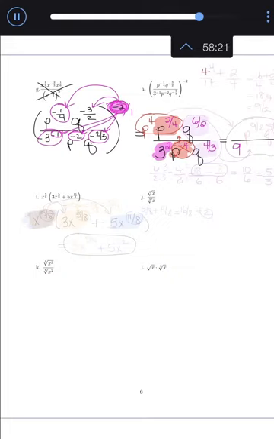Well, that gives you a 4/1 plus a 2/4. Then what do you need, though? You need a common denominator of 4. Well, your second one already has a 4 on the bottom and a 2 on top. That just means your 4/1 would have to get multiplied by a 4 as well, which would give you 16/4.